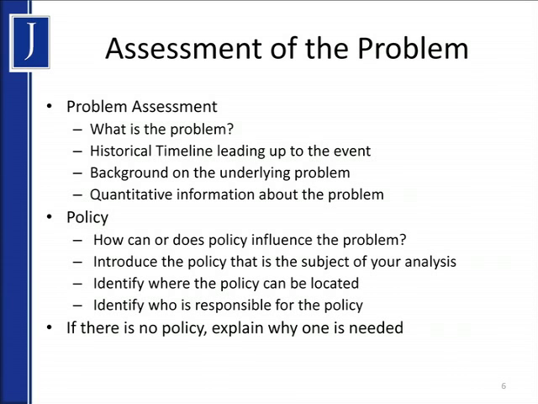Now, it is possible that there is no policy and that that's the problem, in which case you need to explain that there's no policy, and you also need to explain why one is needed and where it would go. Perhaps it would be a new section of an existing policy.